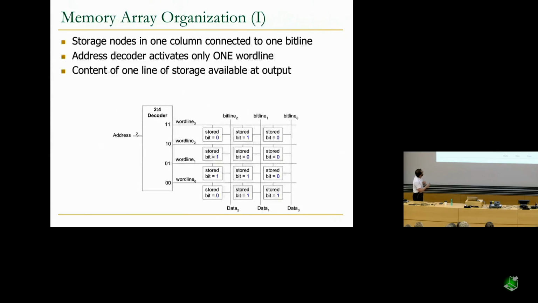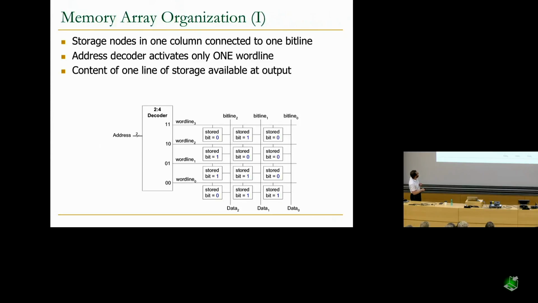Okay, so basically, in any type of memory, you have storage nodes in one column. They're connected to one bit line. And the address decoder over here activates one word line. This is the array structure, bit cell structure, if you will. You have word lines running horizontally, you have bit lines running vertically. And if you want to access one address, you access it one row at a time.